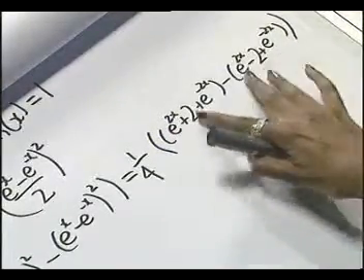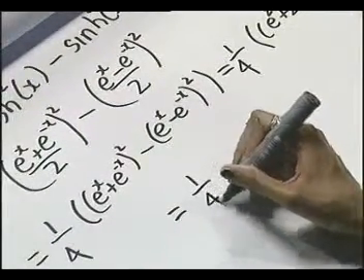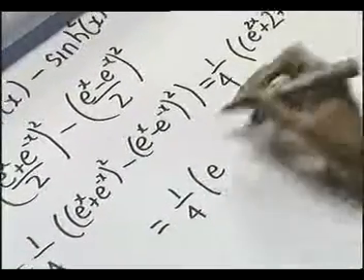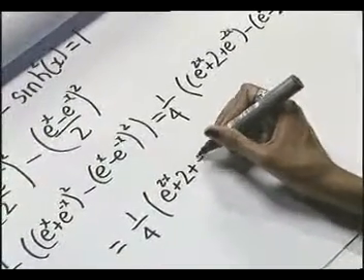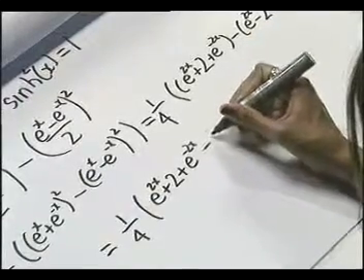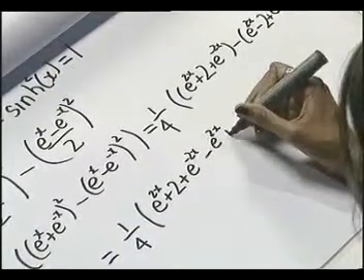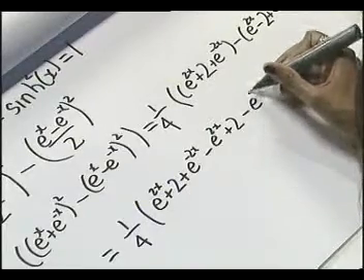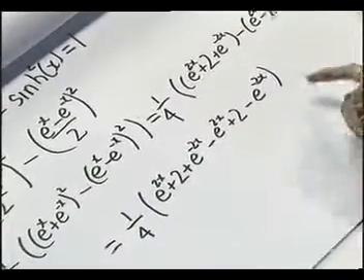Now we can remove these inner brackets, and we get a quarter of, we'll just take out the first brackets first, e to the 2x plus 2 plus e to the minus 2x. I've got a minus here, so that's minus e to the 2x plus 2 minus e to the minus 2x. Now we've got a lot of things that are going to cancel here.